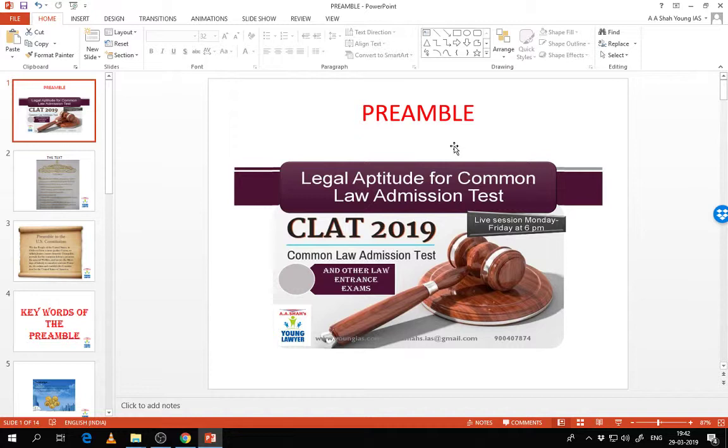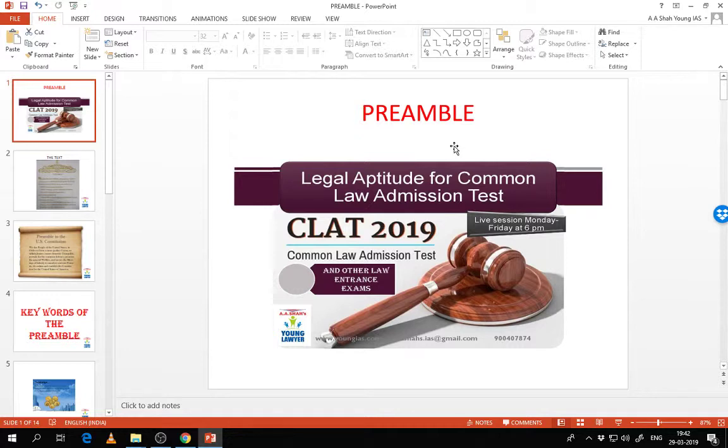According to the latest judgment, in the LIC of India case of 1995, the Supreme Court held that the preamble is an integral part of the Constitution, but it is a non-justiciable part. That means you cannot go to a court of law to enforce the preamble. There are certain parts of the Constitution which are justiciable, for which you can approach the court in case you want it enforced, whereas there are other parts of the Constitution which are non-justiciable.